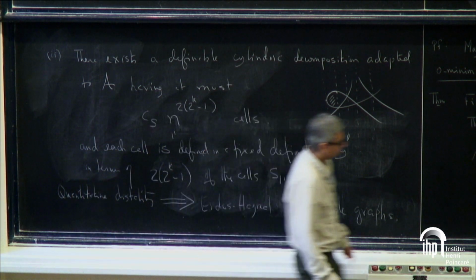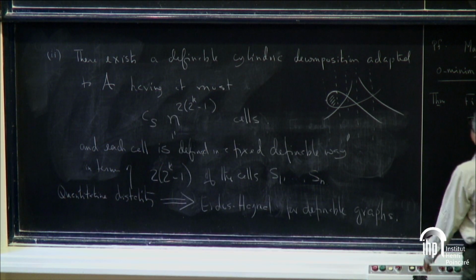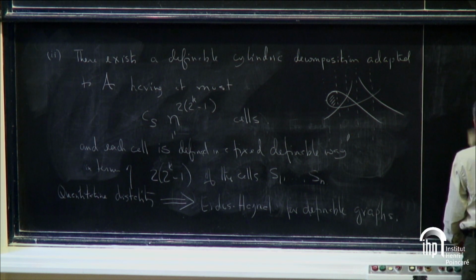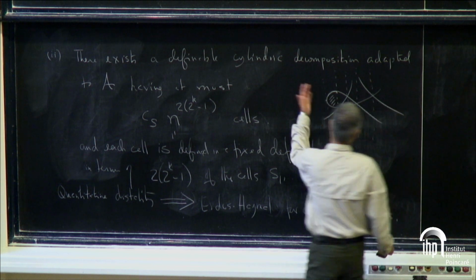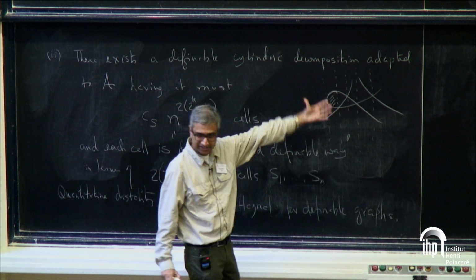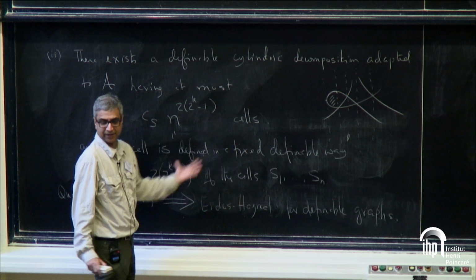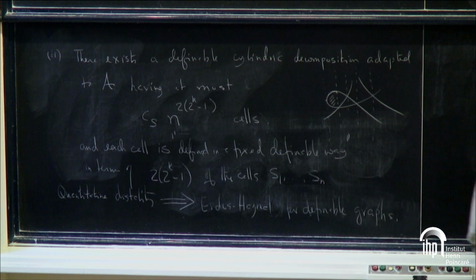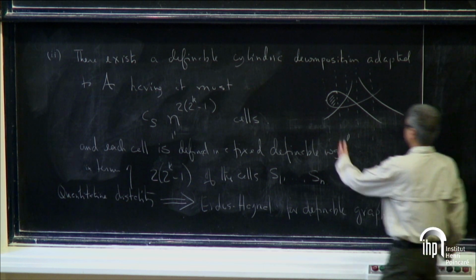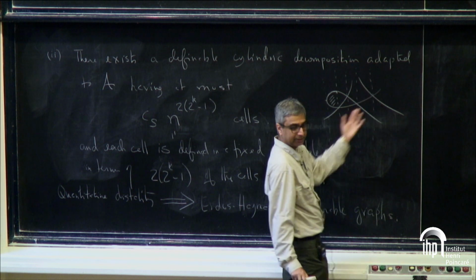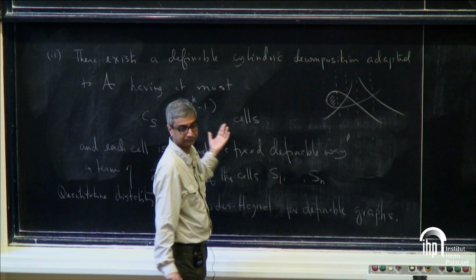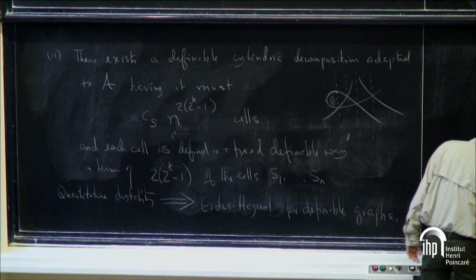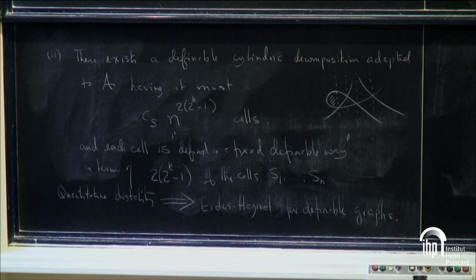But on the other hand, if you don't need a full cylindrical decomposition, but you just want a decomposition of Rk adapted to the family such that each set depends in a fixed definable way on some constant number of the given sets, then you can hope to do much better, but you can't do better than the number of connected components in the partition, which is n raised to k. But you could hope to get a decomposition of size n raised to k.